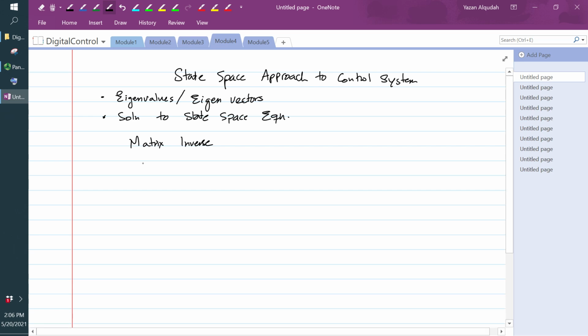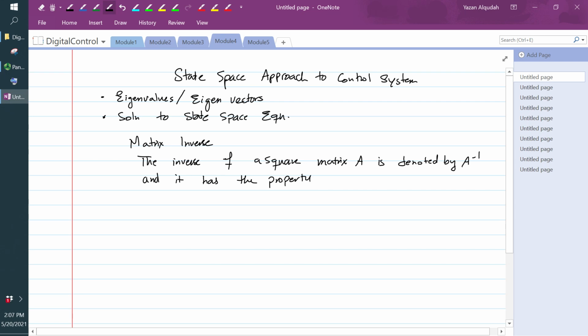So the inverse of a square matrix is denoted by A inverse, and it has the property that if I multiply A by A inverse, this is going to be the same as if I multiply A inverse by A, and if I multiply them together, I'm going to get the identity.